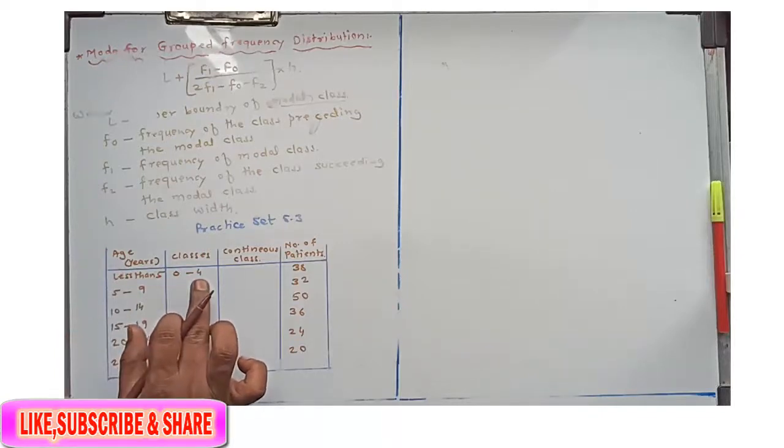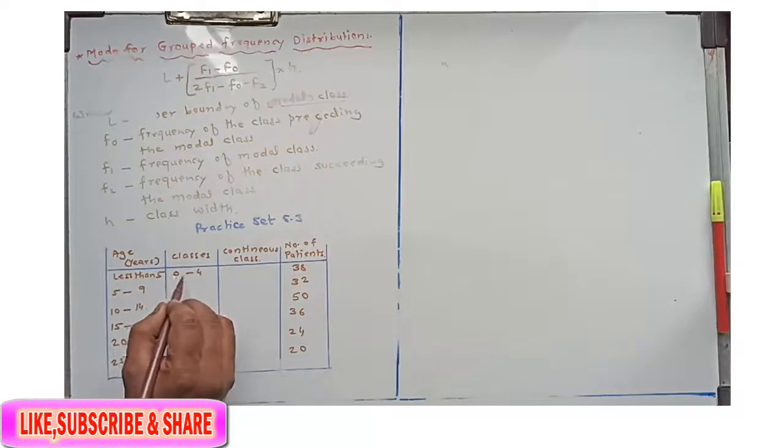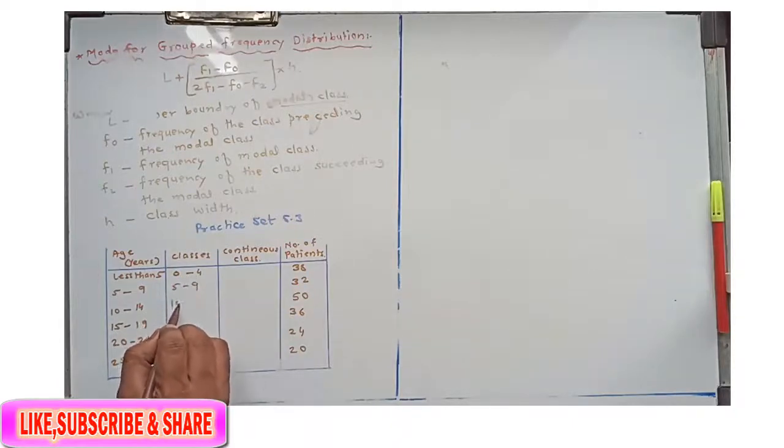If you find the class width for this first class, it is 4. Then the second class is 5 to 9 as it is, 10 to 14 as it is, 15 to 19 as it is, 20 to 24 as it is, and 25 to 29 as it is. So these are the classes.